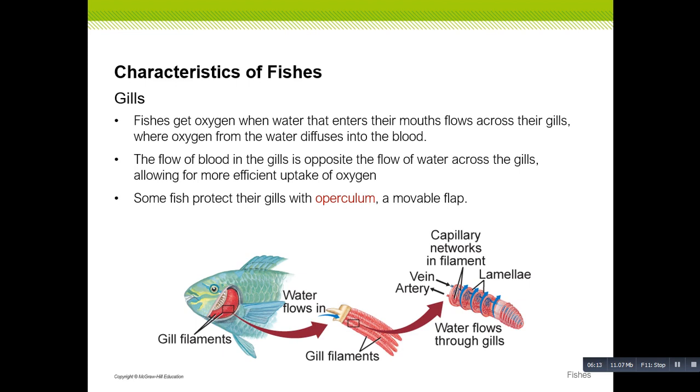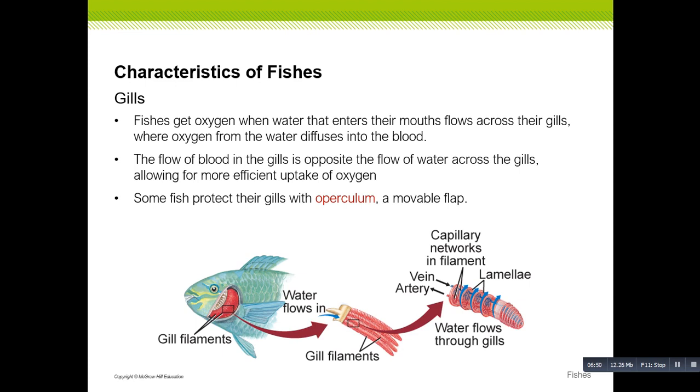Now, what's really great about the gills of a fish is that they have what is called cross-current flow in their gills. So let me tell you exactly what that is. Fish get oxygen from the water when it enters their mouth and flows across their gills. Where the oxygen from the water diffuses into the blood is where we're going to have this cross-current flow.